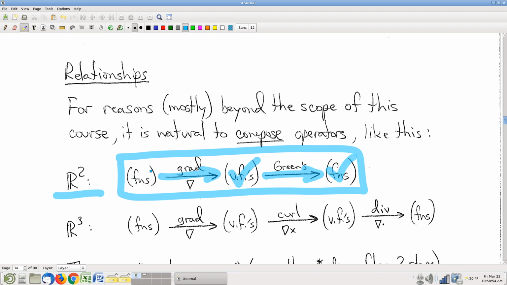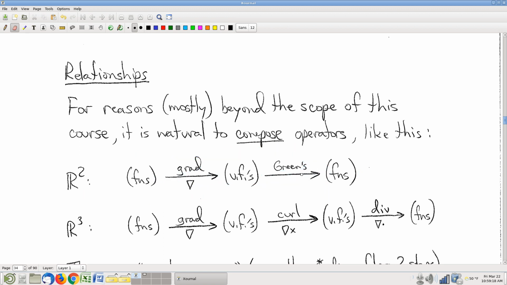So composing Green's operator and the gradient operator like this, right? Doing Green of gradient. It's going to turn out this is a really cool thing to do. This is really natural in certain ways. Again, just context, but be on the lookout for this. We're going to see an example of this pretty soon.